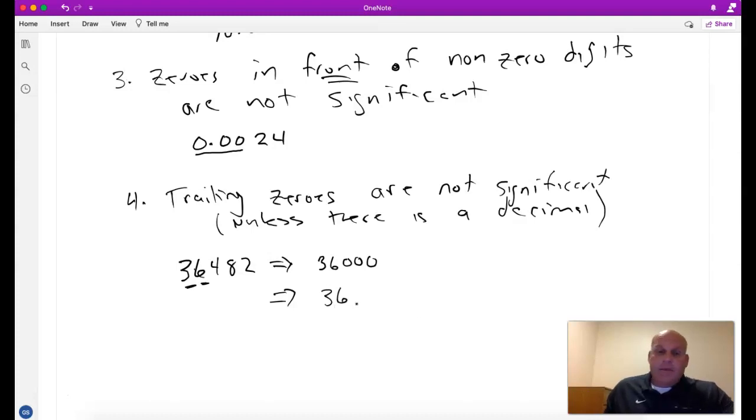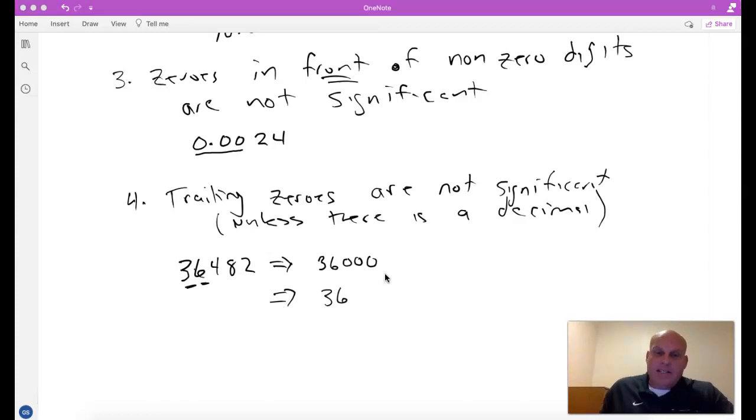I always say the same thing. If I owed you $36,482, could I give you 36 bucks and we call it even? Clearly the answer to that is no, so do not change the magnitude of your value by just dropping numbers off here. I need these trailing zeros to hold the magnitude of the value.